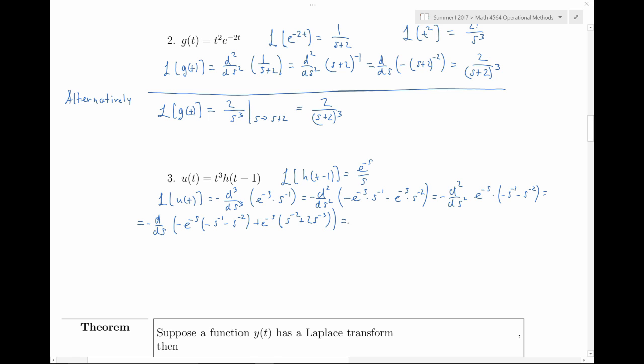Simplifying this, if I factor out e to the minus s, I get s to the negative 1 only once, s to the negative 2 twice, and 2 s to the negative 3.